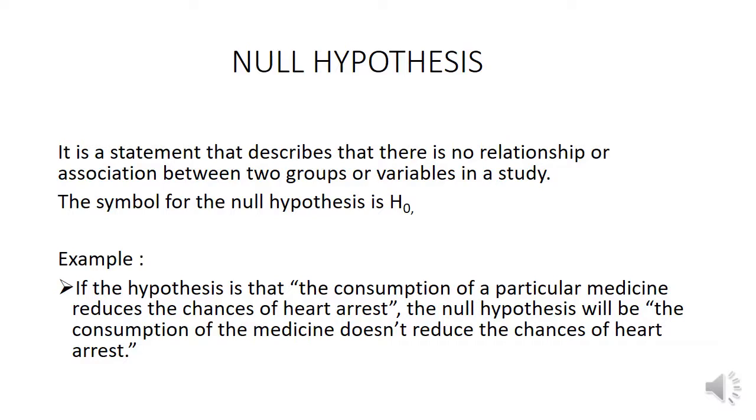So null hypothesis will be the consumption of the medicine doesn't reduce the chances of heart arrest. Means it is stating very clearly that there is no relationship between the consumption of medicine and reducing the chances of heart arrest. So this is a null hypothesis.